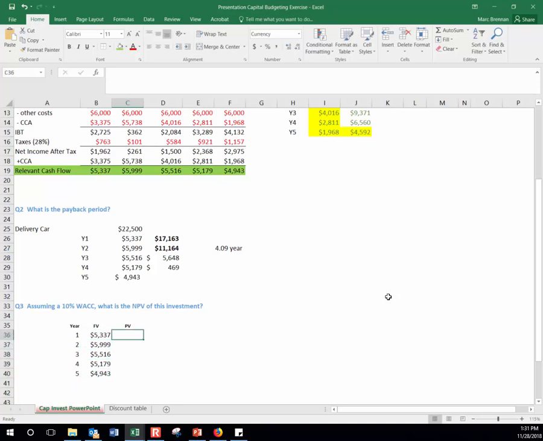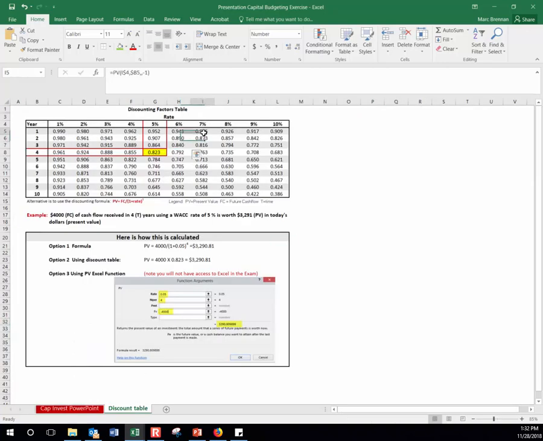Now for the present value, if you remember, we'll just use discount factors because it's easier. I'm telling you that there's a 10% weighted average cost of capital. That's really our discount rate that we're using in order to bring this into today's dollars. Okay? So I'm going to take my future value multiplied by the discount factor. The discount is 10%, but we're looking only at year one. So if we go to our discount table, okay, 10%.